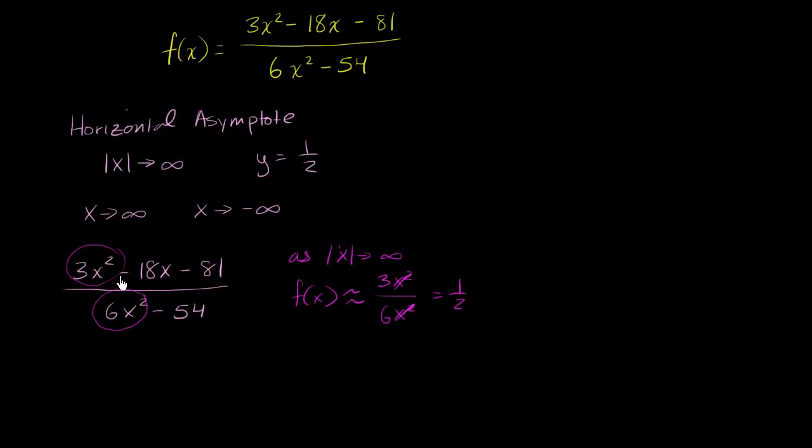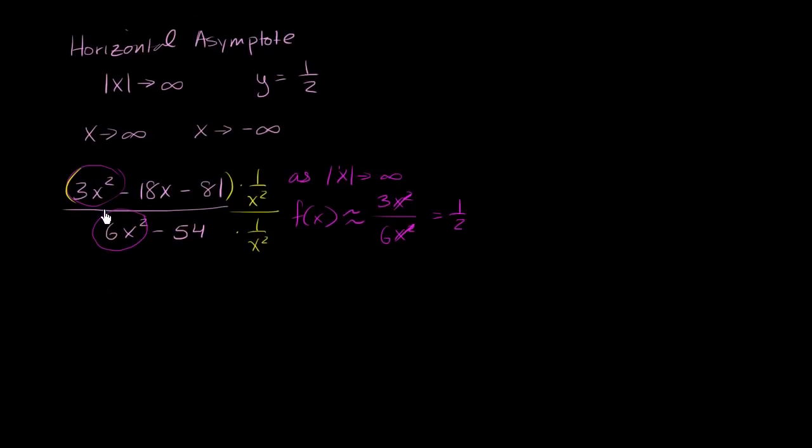So if you multiply the numerator times 1 over x squared and the denominator times 1 over x squared, notice we're not changing the value of the entire expression. We're just multiplying it times 1 if we assume x does not equal 0.